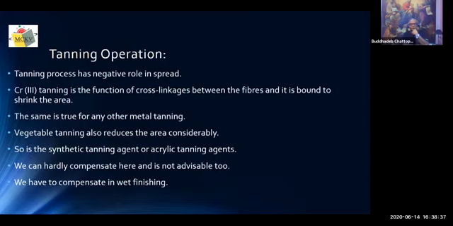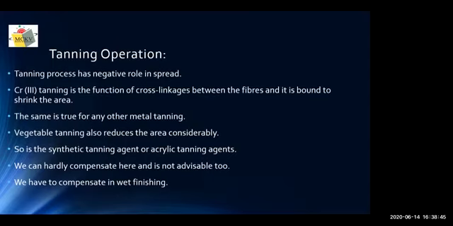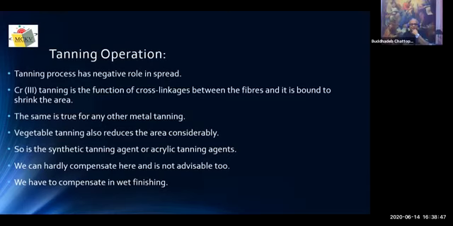The same is true for any other metal tanning. Vegetable tanning also reduces the area considerably. At least you cannot gain in area. So is the case of synthetic tanning. But we can hardly compensate here, and it is not advisable to compensate here. We can compensate for this in the wet finishing later on.